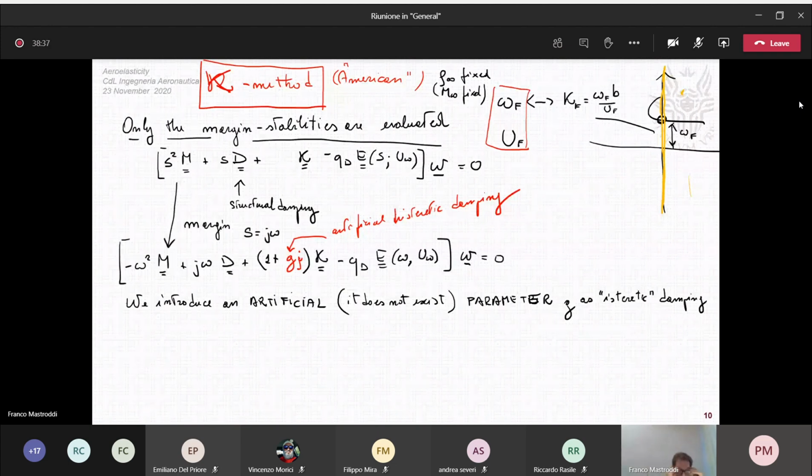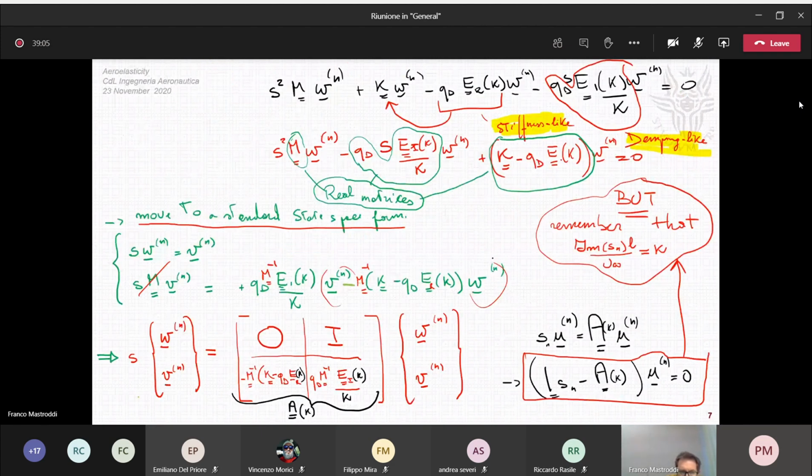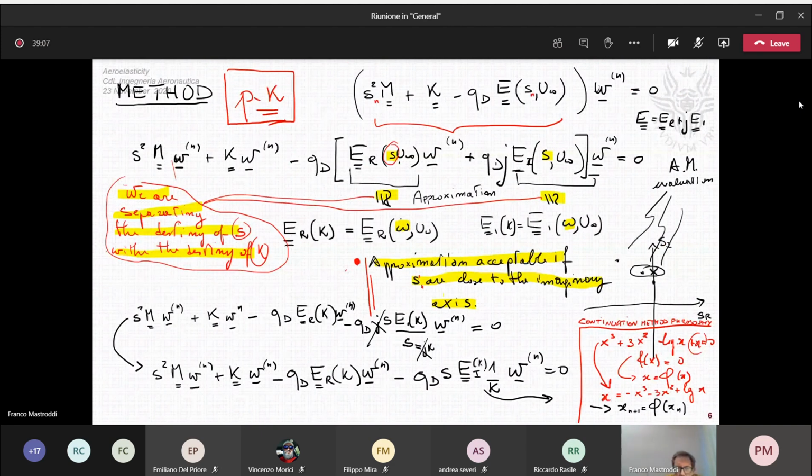We have to satisfy this flutter equation, and we can consider the aerodynamic matrix as a master. Note that in the PK approach here, we consider the aerodynamic matrix in real and imaginary part as stiffness and damping term.